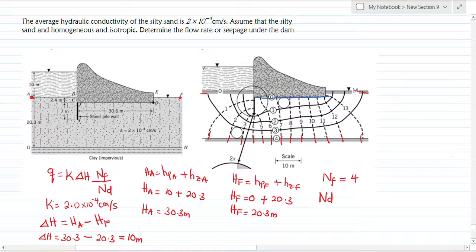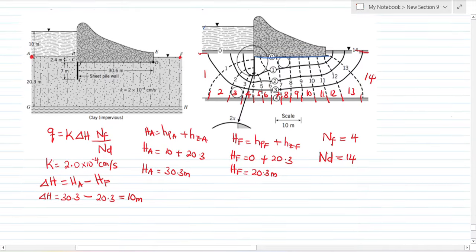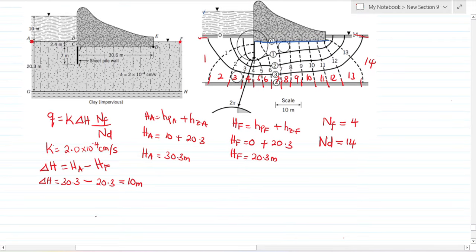The space between this and this is a drop. So 1, 2, 3, 4, 5, 6, 7, 8, 9, 10, 11, 12, 13, and 14. So the number of drops is 14. So we've gotten all the parameters that we need to find the flow rate.